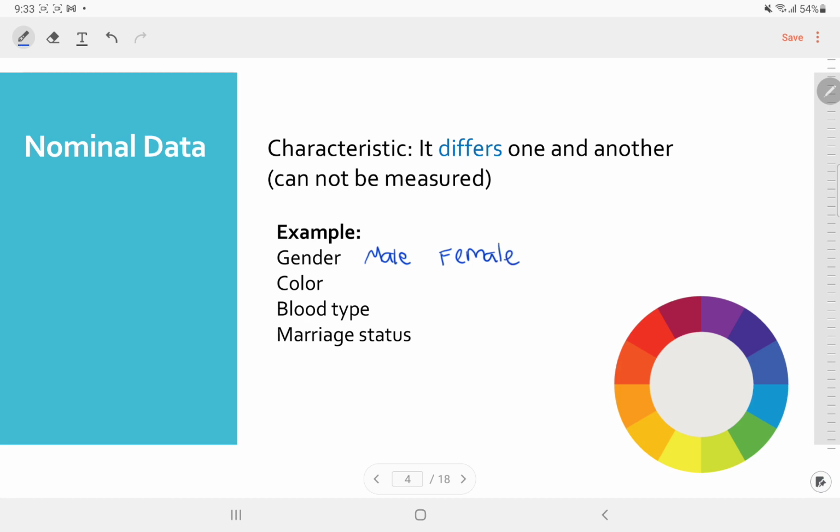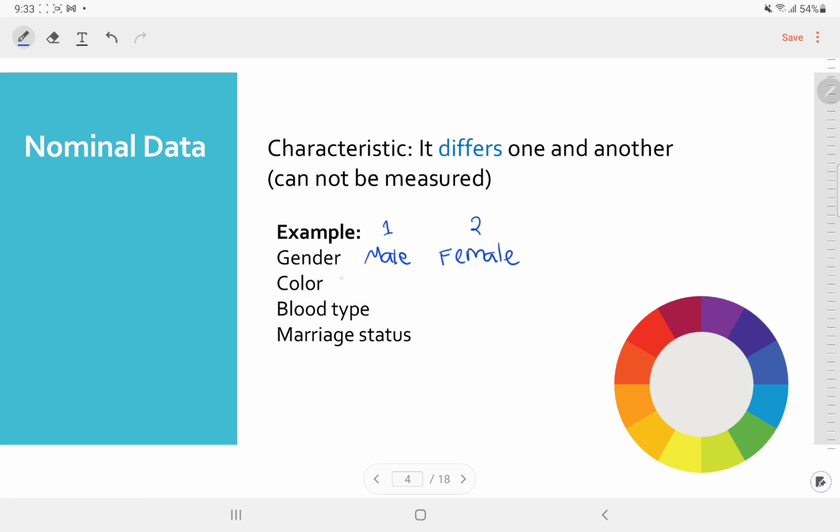Male is different to female, right? And we can just give a code for male, for example, 1 and 2 for female. Or we can also change the number, like 1 for female or 2 for male. So there won't be any problem for that because this is only a code. That is not a value.